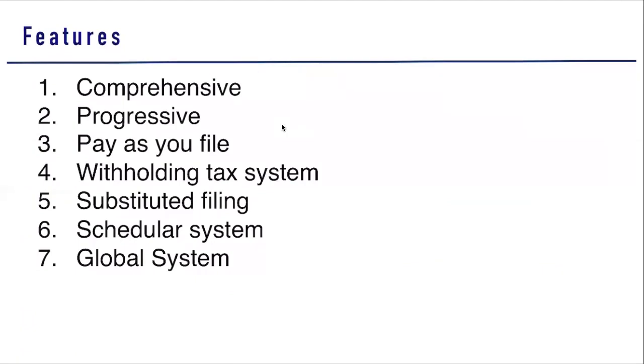First, it is comprehensive. So we learned before that when we say comprehensive, you can tax anything. But that is comprehensive as to the power of taxation. But when we say comprehensive income tax, we mean that it includes all possible criteria or basis. So what are these possible criteria or basis?